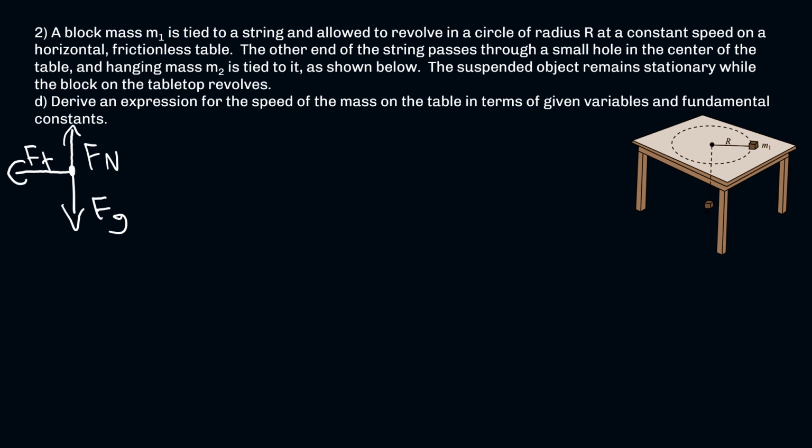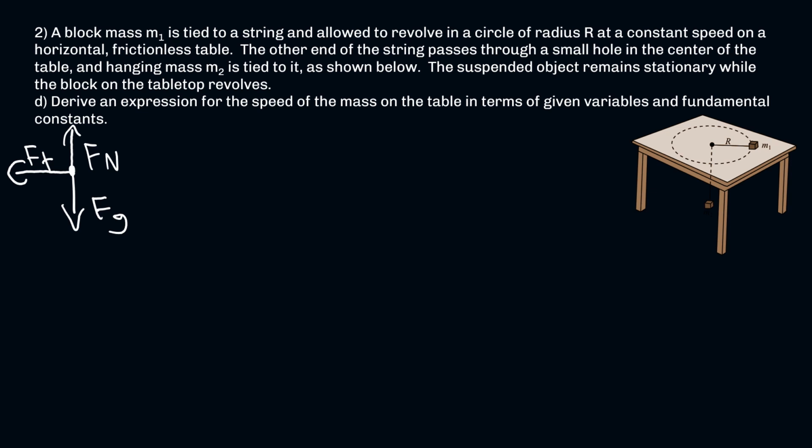We have F net, or unbalanced forces, equal to ma, and that acceleration is v squared over r in a circle. When we create our Newton's second law equation, we're going to start with the force that is in the direction of acceleration. We know that acceleration is to the left at this point, and Ft is the only horizontal force.